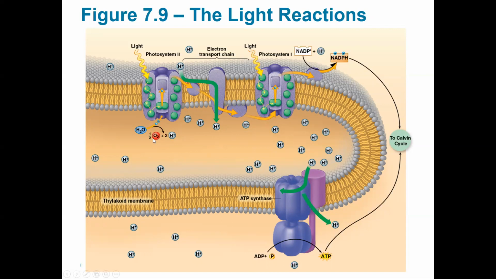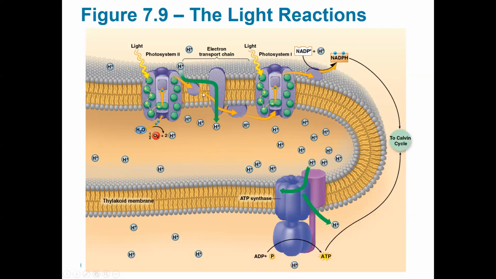So oxygen gas is now a waste product, and then the hydrogen ions are now part of the inner membrane space, which helps create a higher concentration of hydrogen ions here.